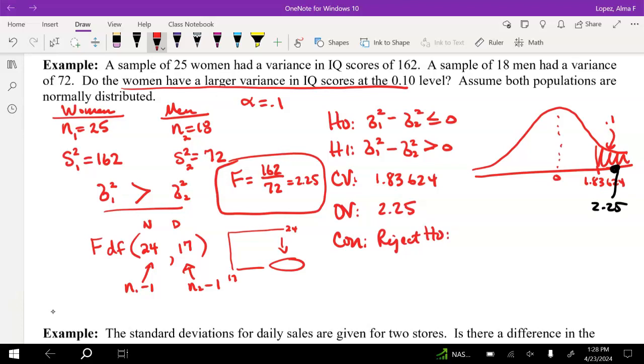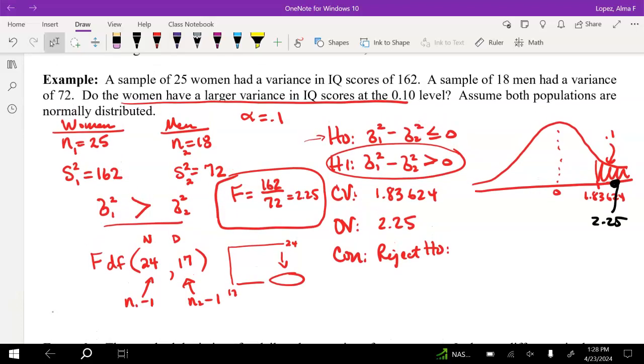So if I'm going to reject the null hypothesis, I have to write what it says. So I'm going to move the sigma sub 2 squared over to the other side, and I have to say what that says. Okay, well, I'm talking about the variance in IQs of women versus the variance in IQs of men.